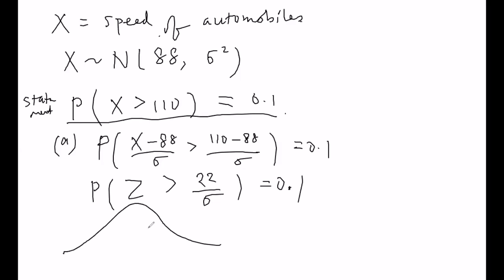So you sketch a curve. This is your 0.1, so this has to be on the right hand side because your probability is only 0.1. This is 22 over sigma. So you can check the statistical table. What is this critical value that gives you a 0.1 area here?